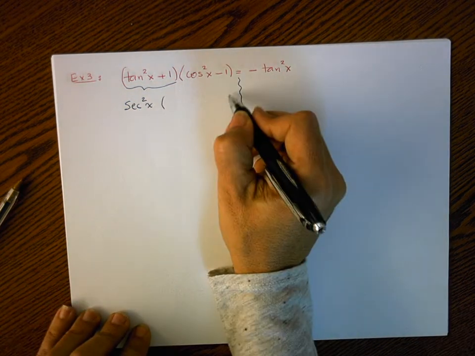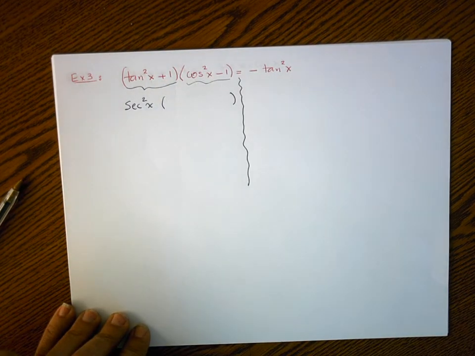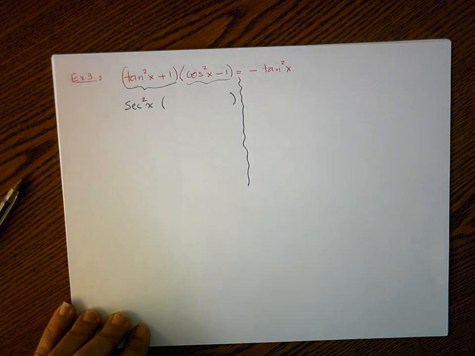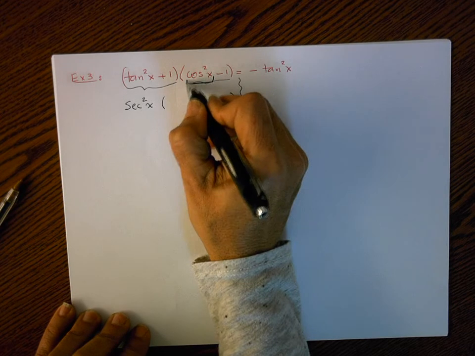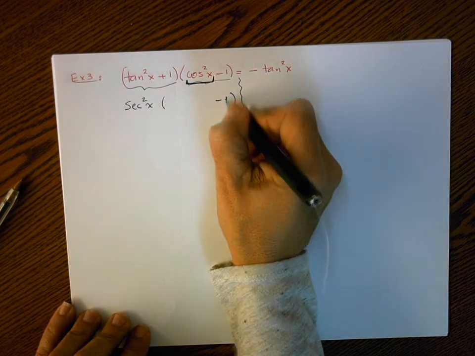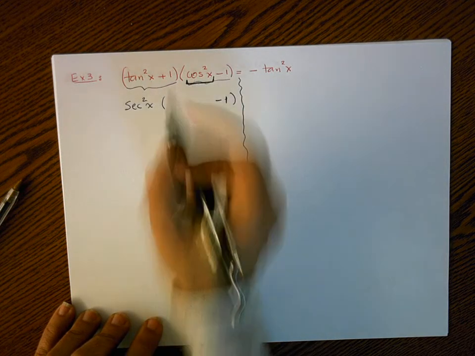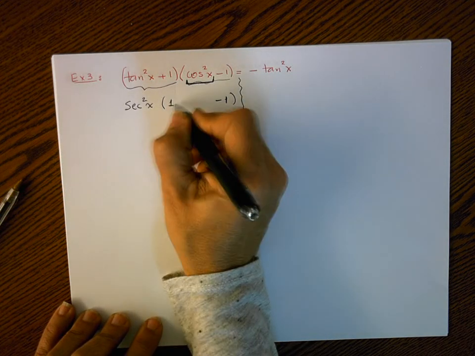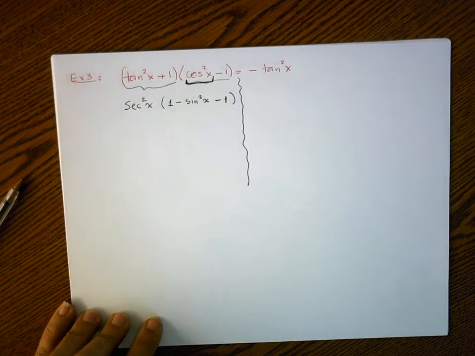And then I look at this one in my flashcard, and I say there's really nothing I can replace it with, except I do know that the cosine squared of x can be replaced with something. I have to leave the -1 alone, but that can be replaced with 1 minus the sine squared of x. All right, not too bad.